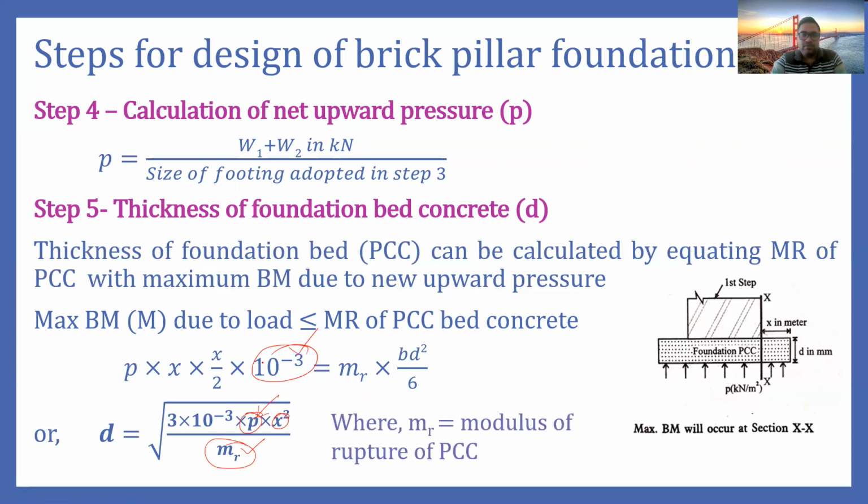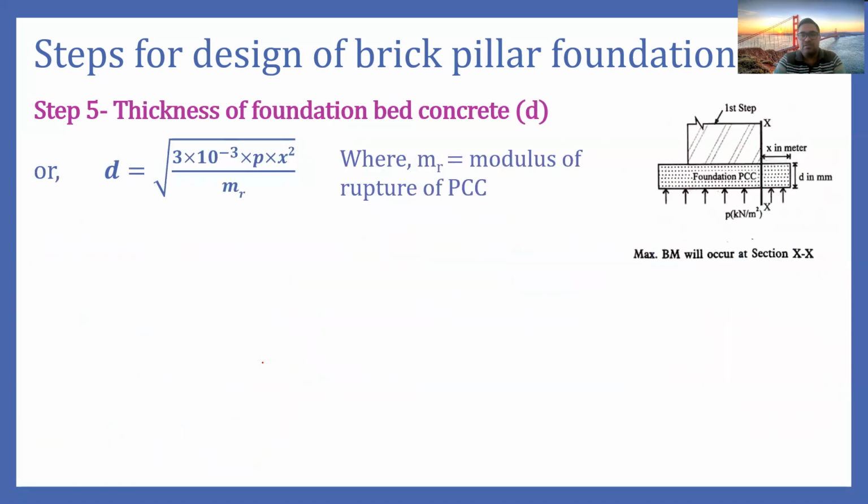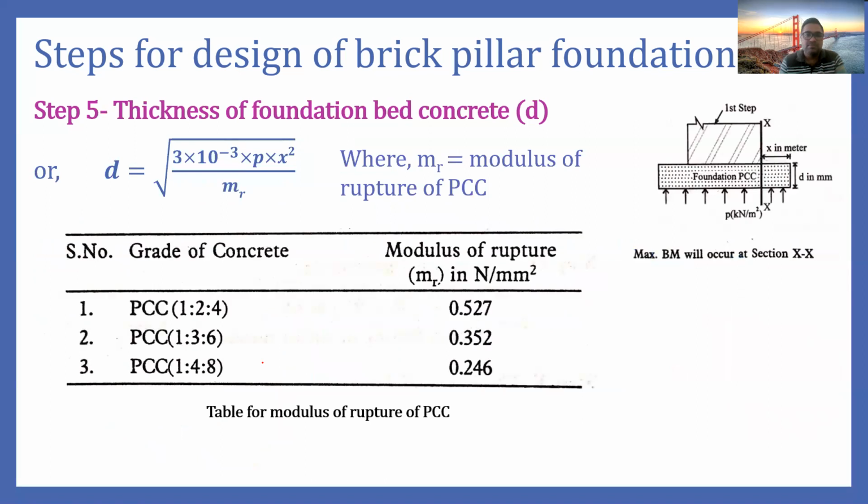So this MR is the modulus of rupture, and it can be taken from this table. This modulus of rupture depends on the grade of PCC. PCC grade is 1:2:4. In this case, 1 is 1 part of cement, 2 parts of sand, and 4 parts of stone aggregate. This is how we have the grade of PCC.